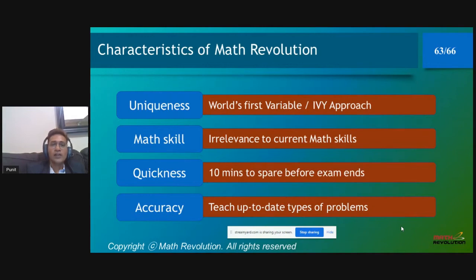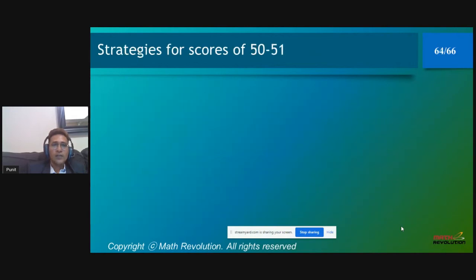Quickness, yes, definitely. You could understand how quick we were today solving the questions. Don't talk about me because I was explaining it to all, so I was taking time to apply and equate every single thing. But when it comes to solving, you can understand 2 seconds were more than enough to solve certain questions. And accuracy, of course, we're getting the right answer, so that maintains our accuracy.